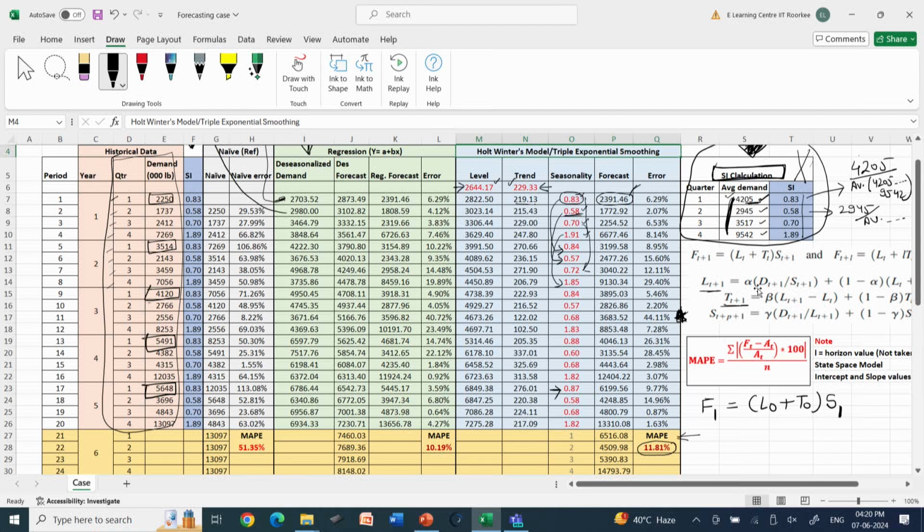But here also, whenever there is a seasonal factor, as in the 4th, 8th and 12th periods, the forecasting errors are very high. The overall mean absolute percentage error is more than 10%. Then you have the Winters method, which we discussed in detail in this class, where the forecasting errors are more or less comparable to the regression method.